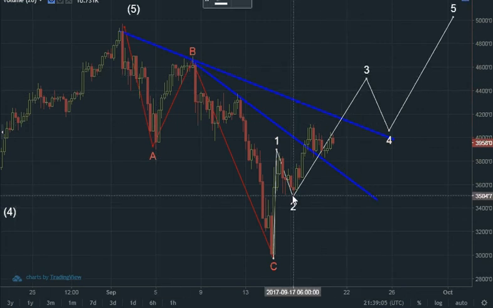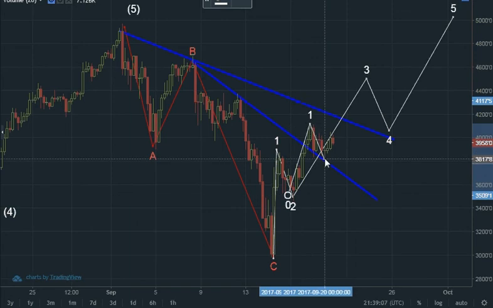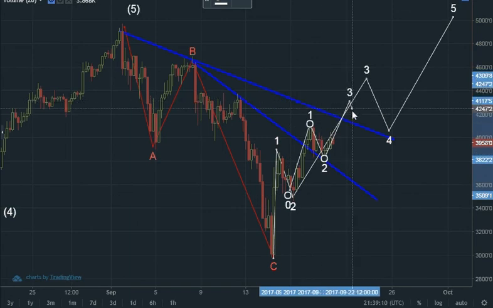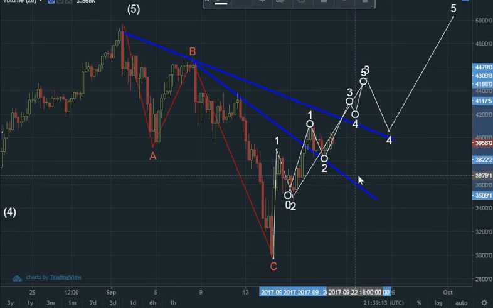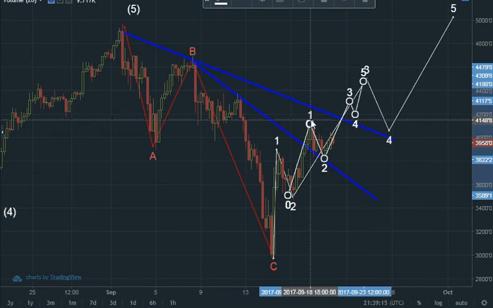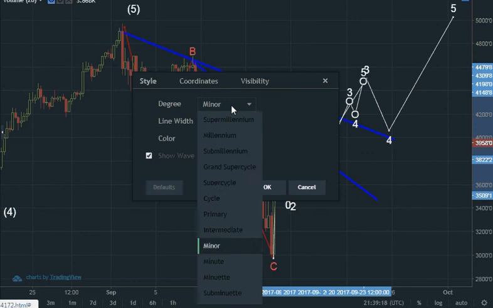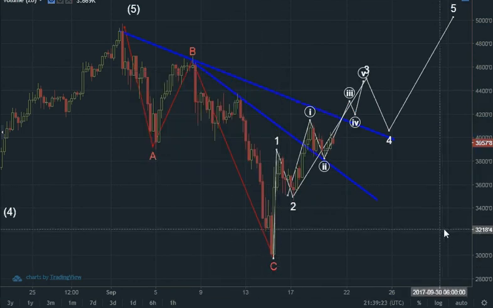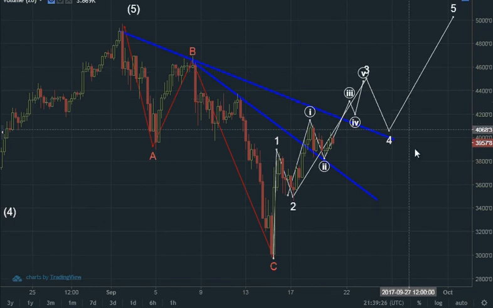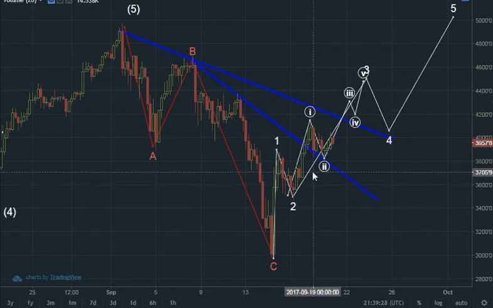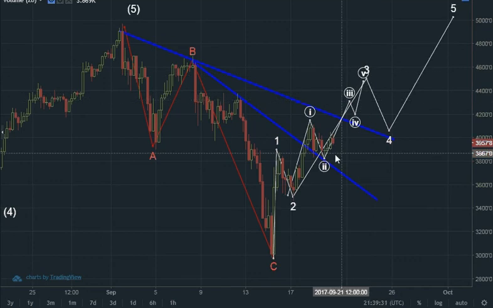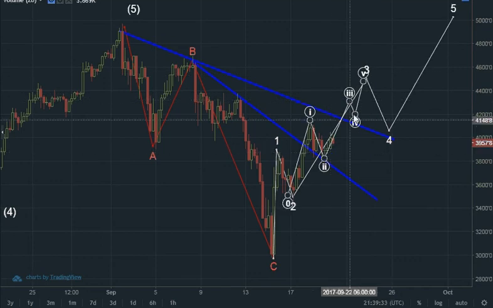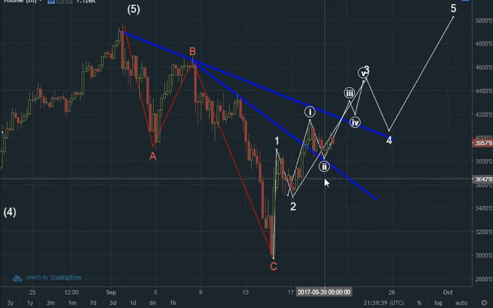So what I'm going to do is label these as the subwaves of wave 3. And if that's the subwave of wave 3, 1, 2, 3, 4, 5, then I need to see a little more gusto on this wave 3, subwave 3, the one with the circle, Roman numeral 3. Because it's going to need that gusto to breach this line.